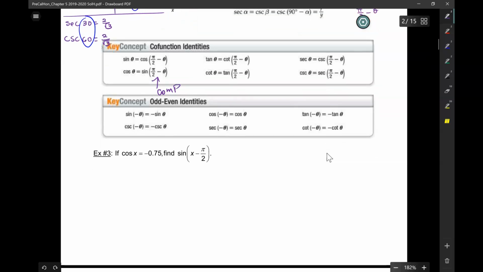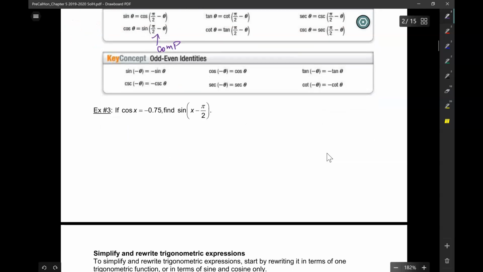Okay, let's talk about even and odd identities. Again, we touched on this last time. This is why I was giving you all those secant of theta, secant of negative theta. Remember what we talked about in chapter 4.